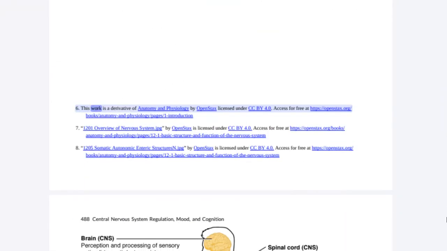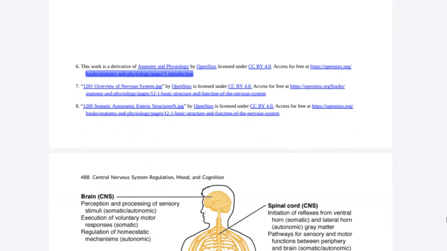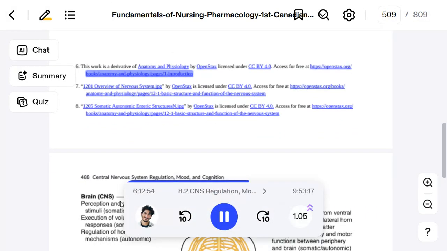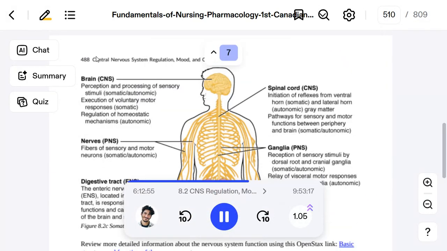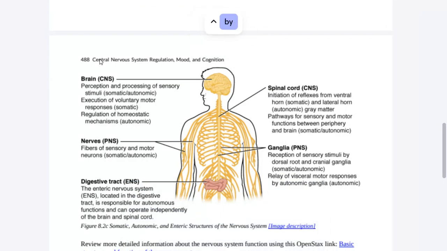This work is a derivative of Anatomy and Physiology by OpenStax, licensed under CC BY 4.0. Access for free at Books, Anatomy and Physiology. Introduction. 1201 Overview of Nervous System.jpg by OpenStax is licensed under CC BY 4.0.